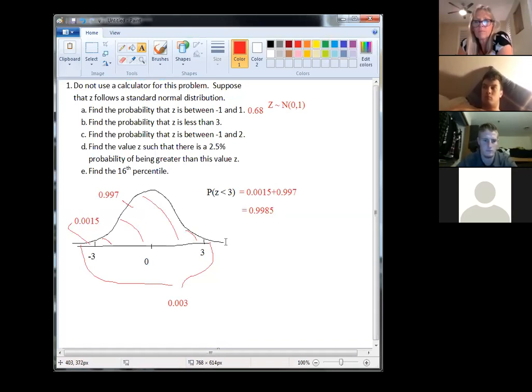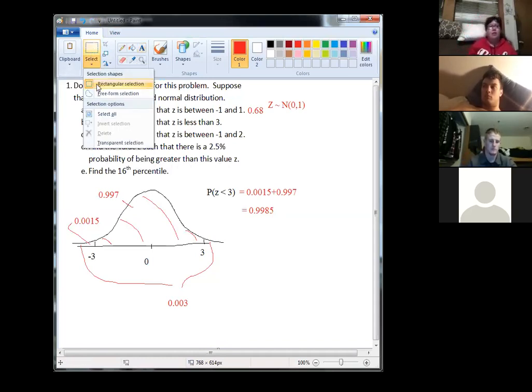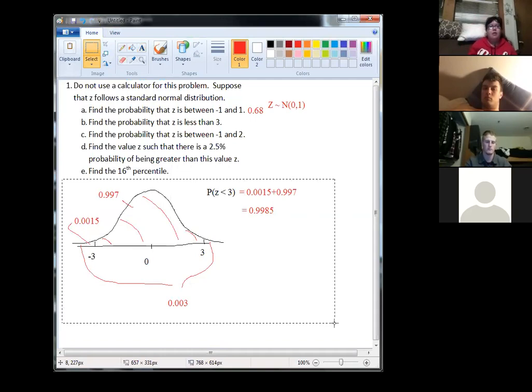Okay, so I want to do D. I think I'll skip C and just do D. I don't need to do E also. Okay. So let's look at D, which is find the value of Z such that there's a 2.5% probability of being greater than this value of Z. So let me erase all this other stuff.